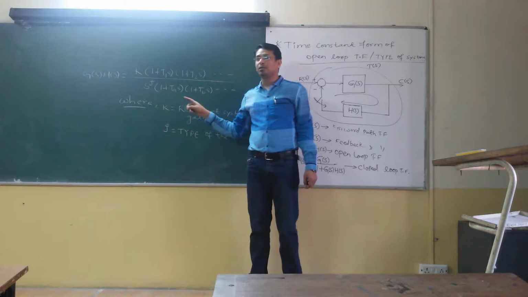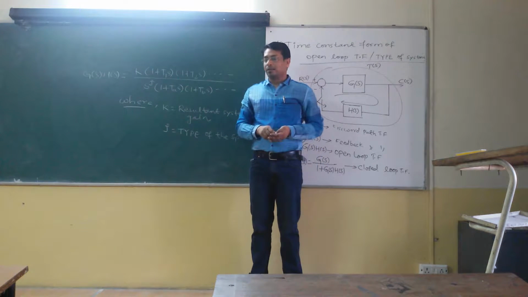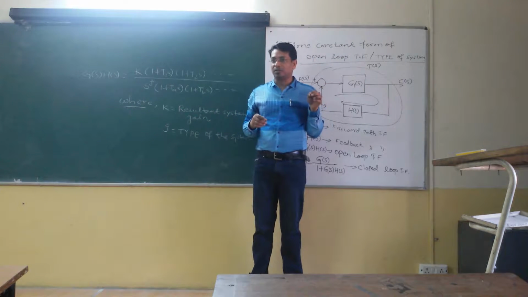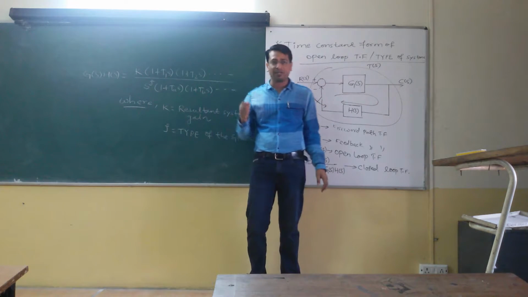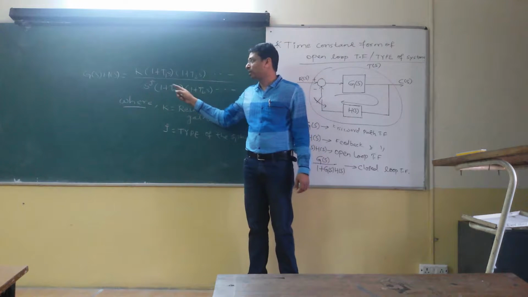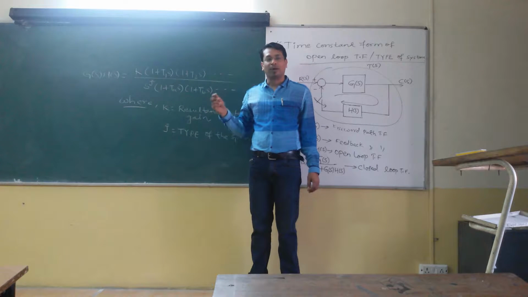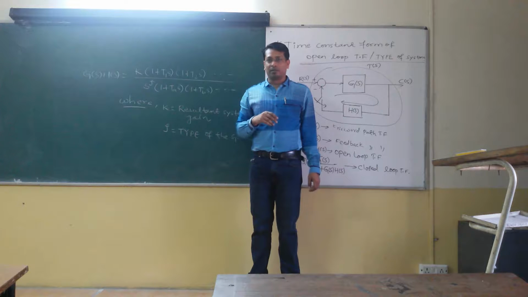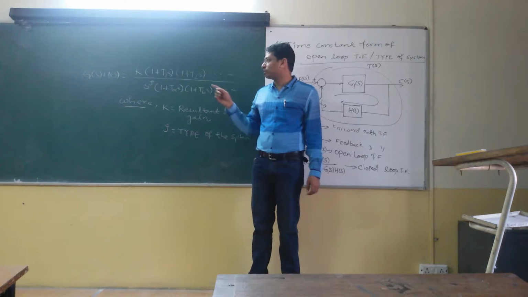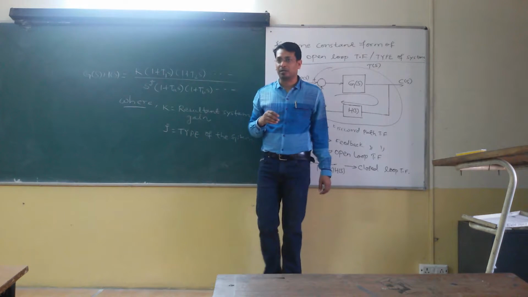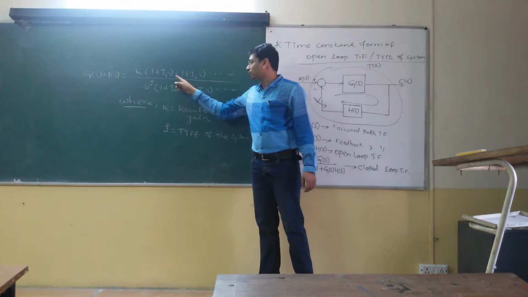This time constant representation is basically used for the open loop transfer function, which is G(s) multiplied by H(s). Why it is mostly used for the open loop transfer function, we will see later when we study frequency domain analysis, Bode plot and Nyquist plot, because the 1 plus G(s)H(s) term is very, very important. So you can represent your transfer function like this.